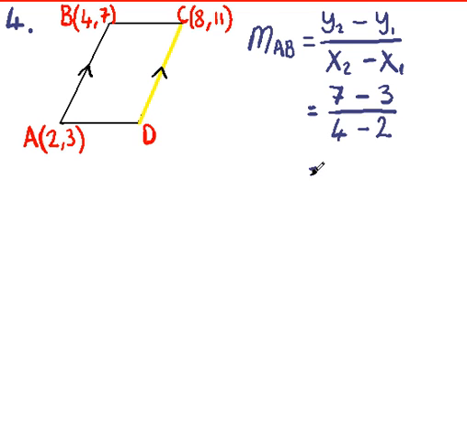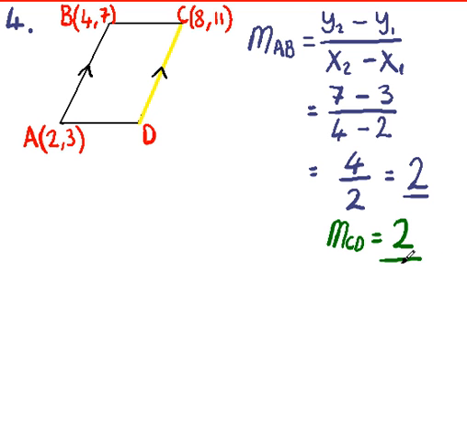On the top line, 7 take away 3 is 4, and on the bottom line, 4 take away 2 is 2. So we have 4 over 2, which simplifies to 2. The gradient of the line AB is 2, which means the gradient of the line DC is also equal to 2.